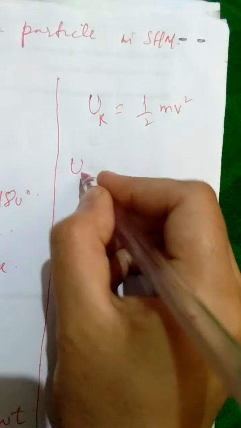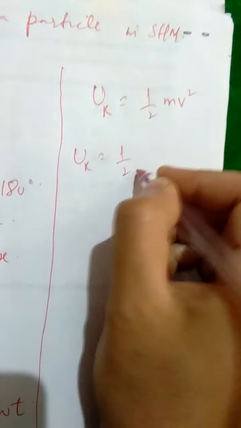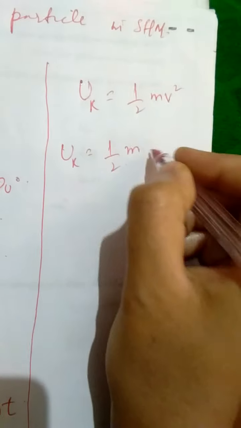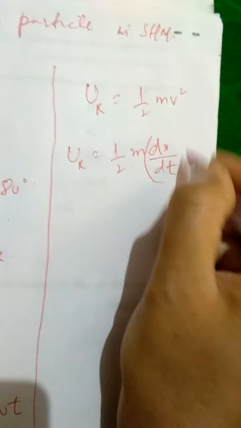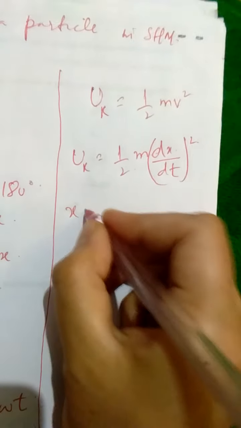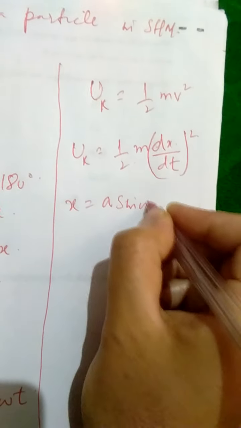For kinetic energy, we can write that kinetic energy UK is equal to half of mv square. Simple as that. So UK will be half of m. For v, you can write it is dx by dt, square. And what is dx by dt? We know x is a sine omega t.